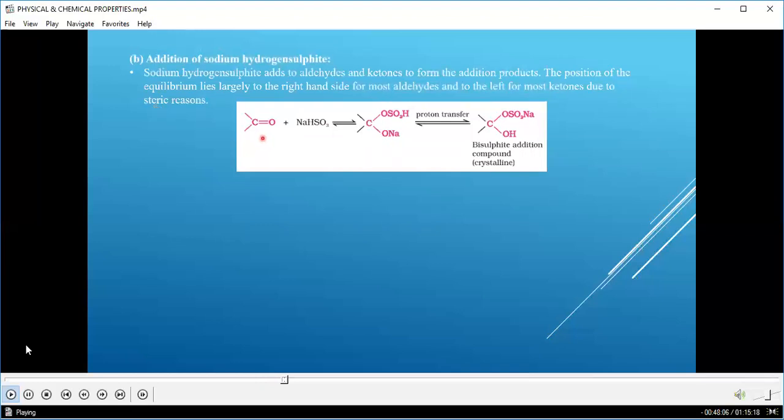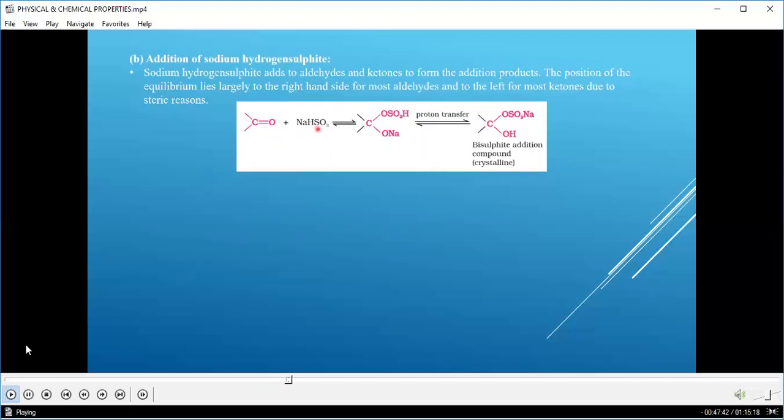So here we have the carbonyl group. It can be an aldehyde or a ketone, depending upon these two valencies. If you satisfy these two valencies with alkyl groups, it will be a ketone. If you satisfy one valency with hydrogen and the other with an alkyl group, it will be an aldehyde.